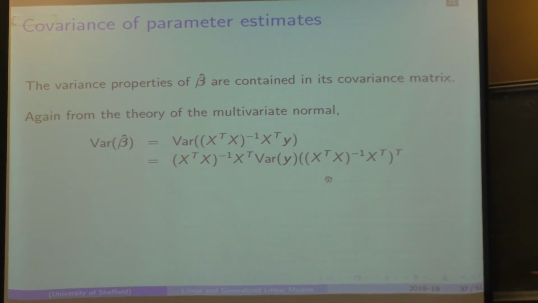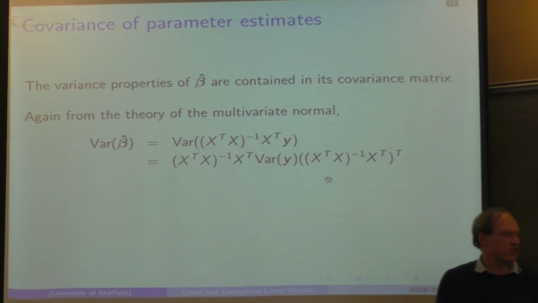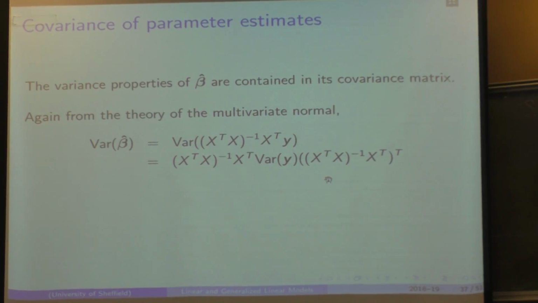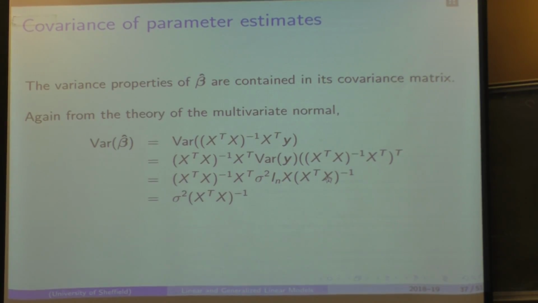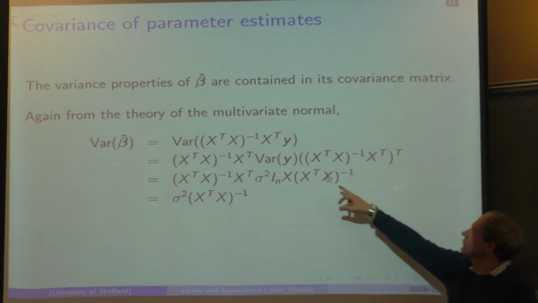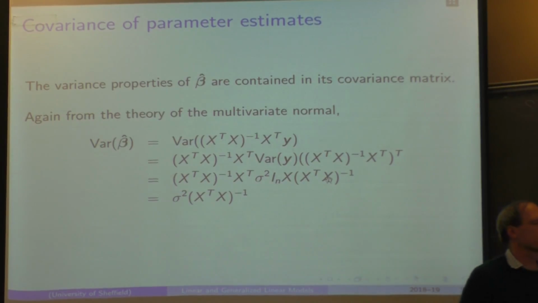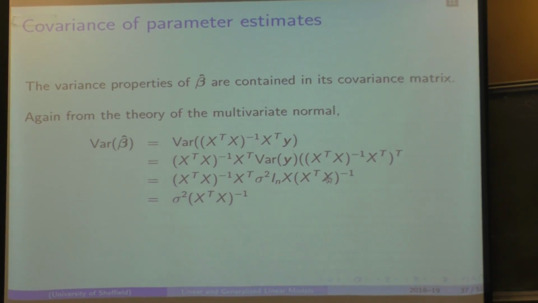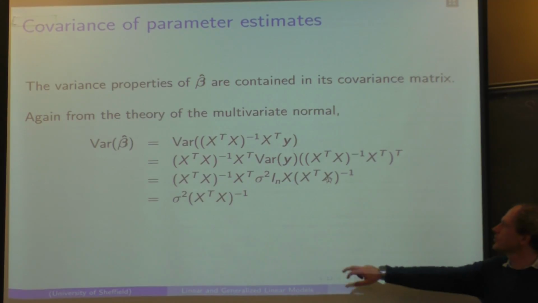The covariance matrix of the y's is sigma squared times the n-dimensional identity matrix. So we can just replace that variance of y in the middle by sigma squared times the identity matrix. Once we do that, we're going to be able to do quite a lot of cancellation.